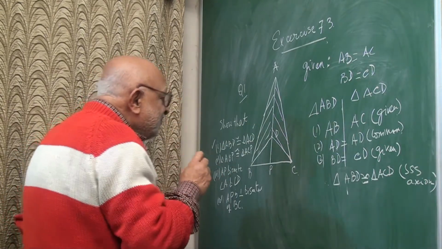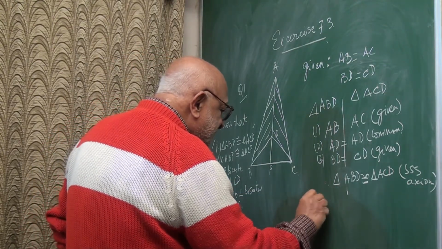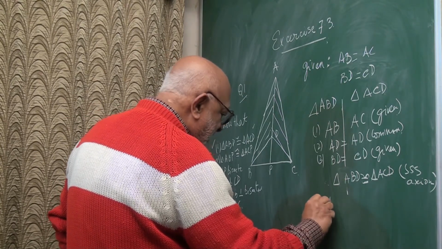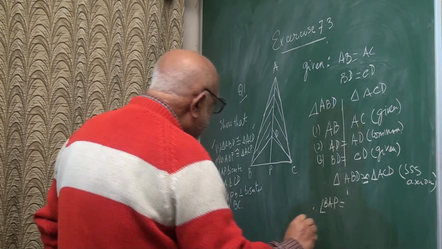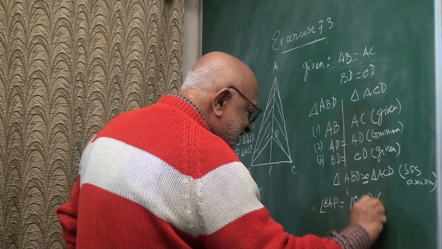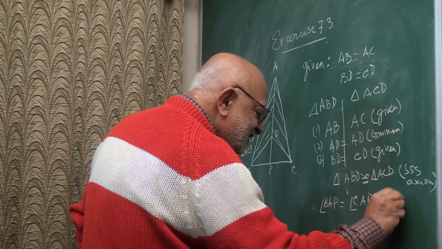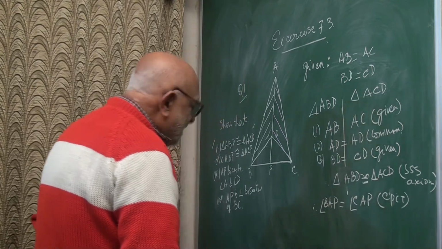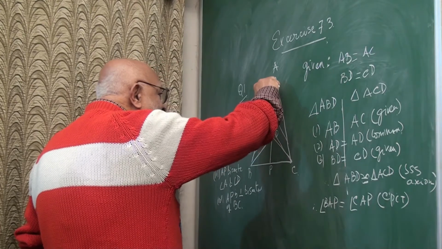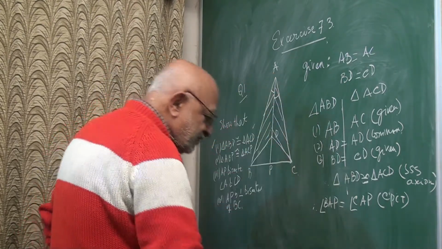Once I have done that, I can show that angle BAP is equal to angle CAP. This is CPCT. Which means I am saying that these two angles are equal.